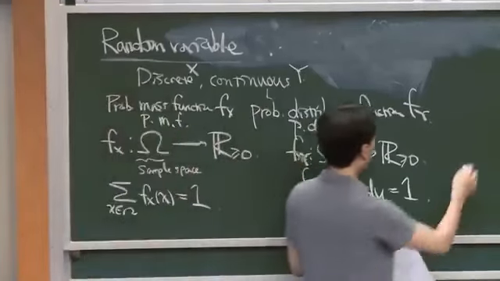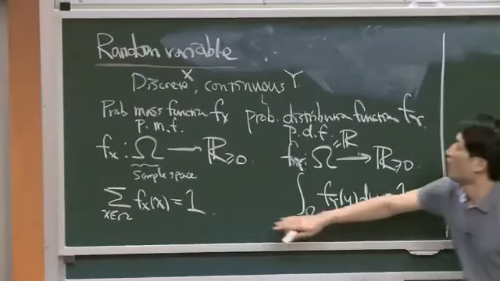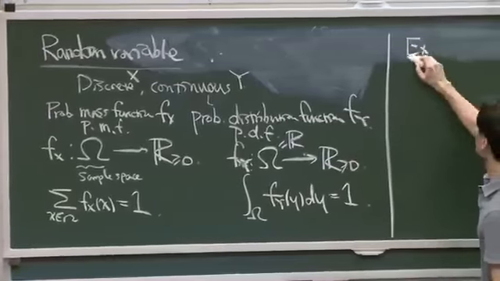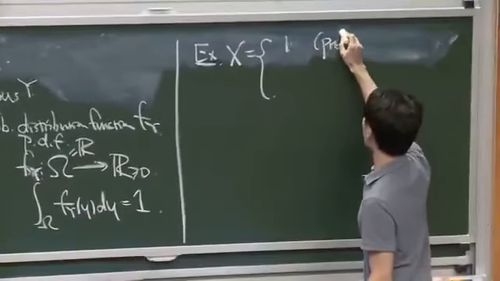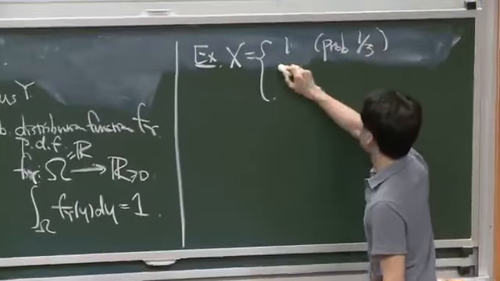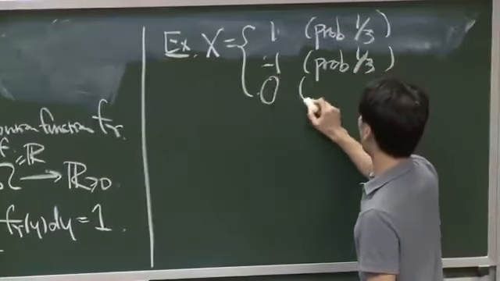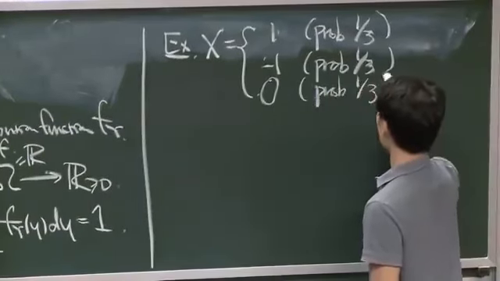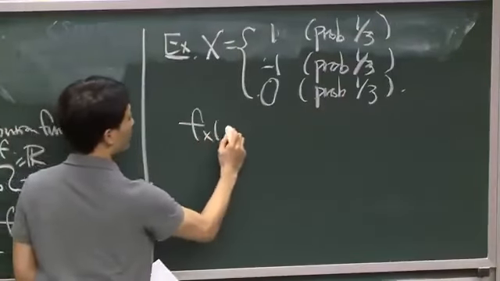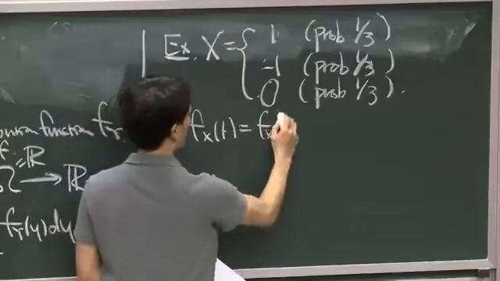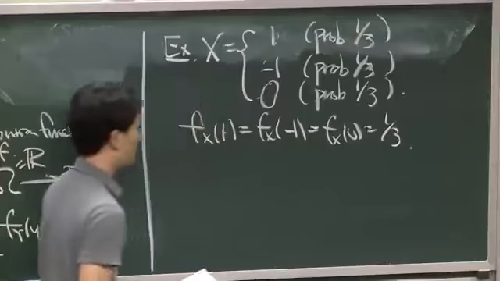Okay. And then, for example, a probability mass function: if X takes 1 with probability 1/3, minus 1 with probability 1/3, and 0 with probability 1/3, then our probability mass function is f(x) = 1/3 for x = 1, 0, -1. Just like that.